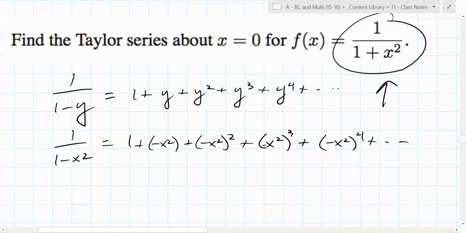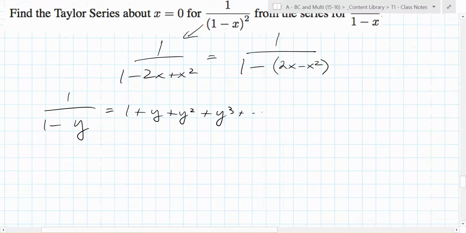Is that better? What did we do? We knew 1 plus is the same thing as 1 minus what? 1 minus negative x squared, like that. Sorry about that. Are we okay with that?